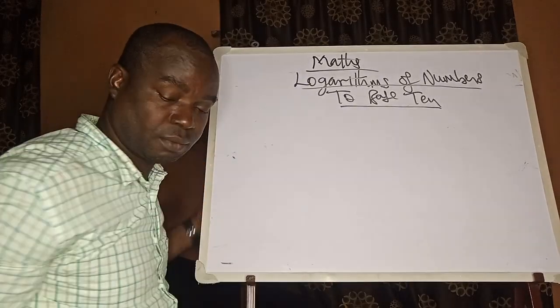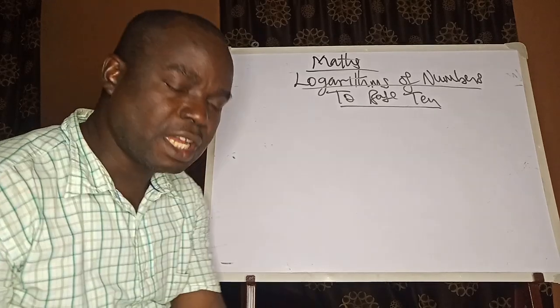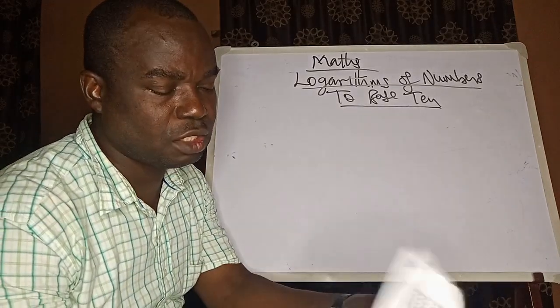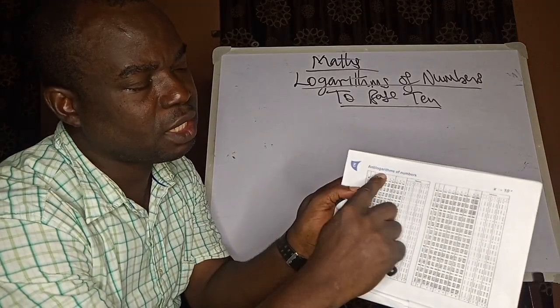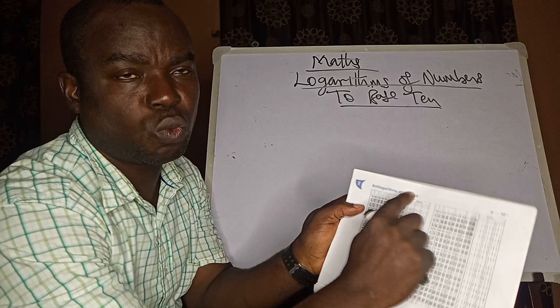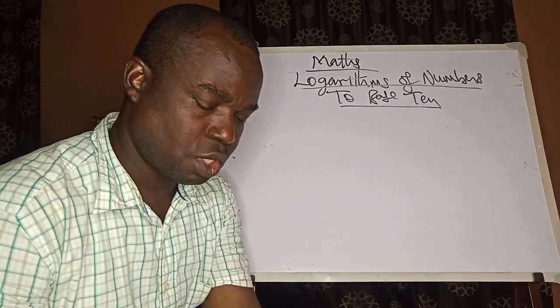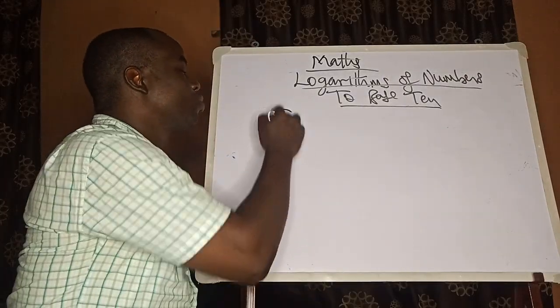So let's now go into the next lesson. Turn to the next page. Anti-logarithms of numbers. Turn to the next page and make sure you look at this title. Make sure that what is written here is anti-logarithms of numbers. We want to use it now. Okay, so let's look at this question.